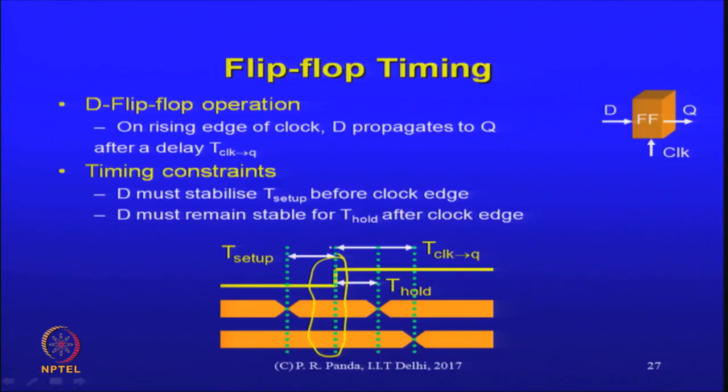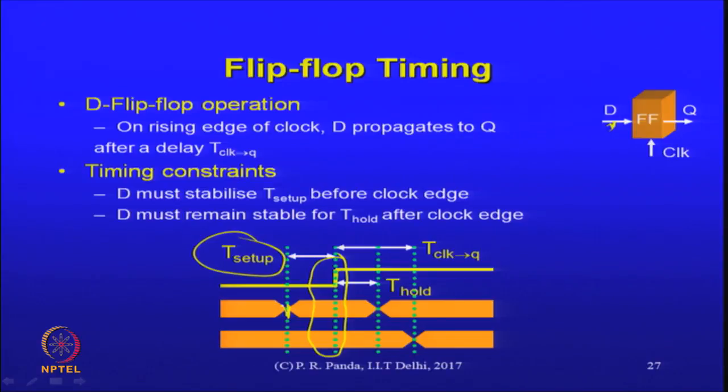There is the requirement that before a clock edge, the input must stabilize for a certain amount of time, that we call the setup time. So, if that is the clock edge, then the D input must be ready by this time, otherwise it will not be properly latched.